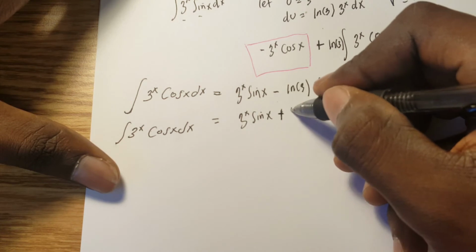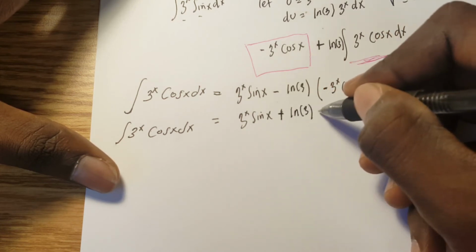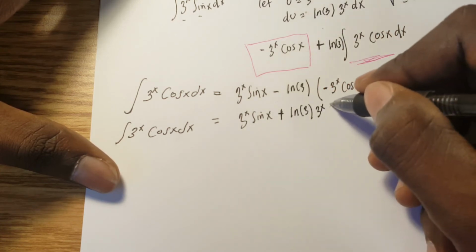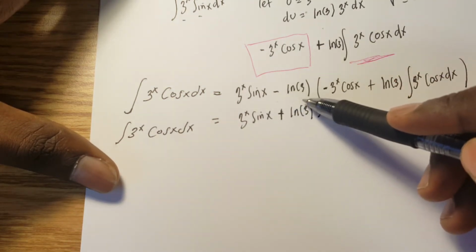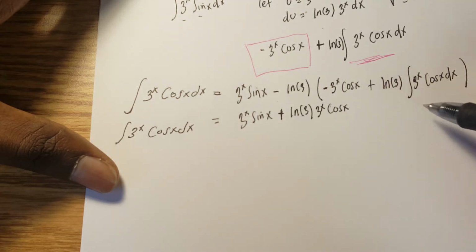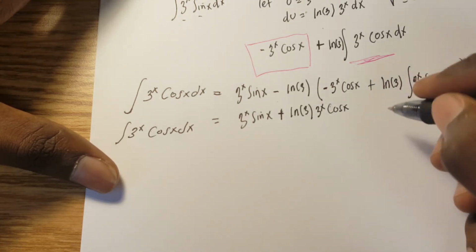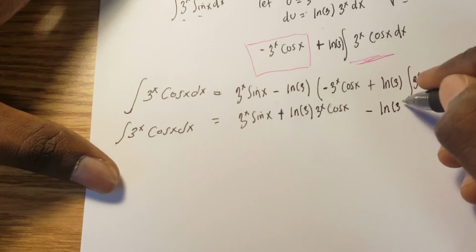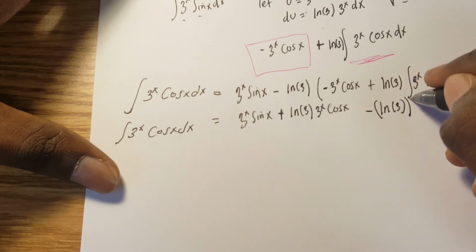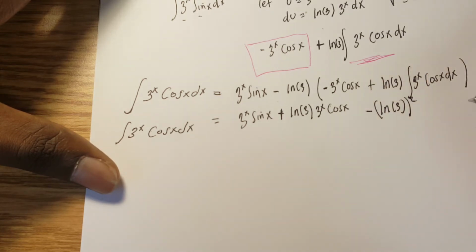Gonna have natural log of 3^x cosine of x. Then minus natural log of 3 multiplied by positive natural log of 3, and that gives us minus natural log of 3 squared. Then we bring back this guy here, 3^x cosine x dx.